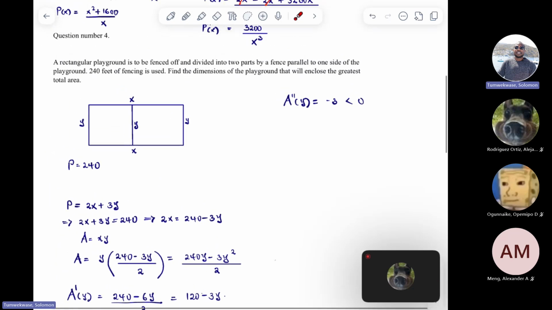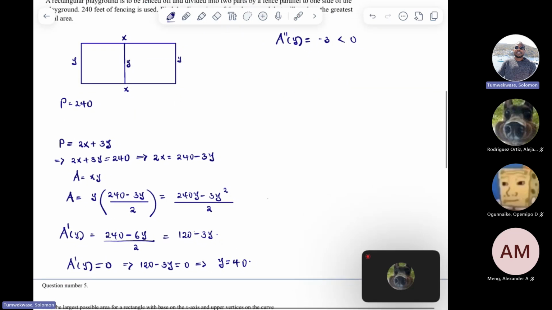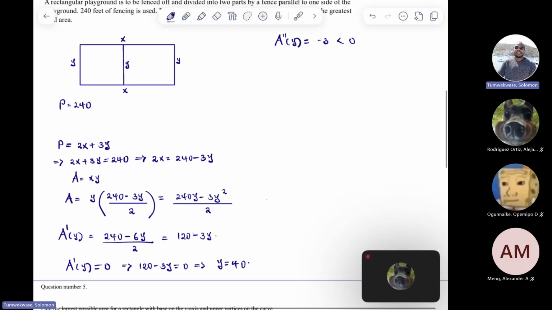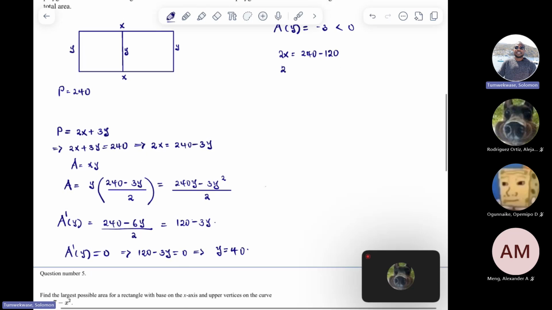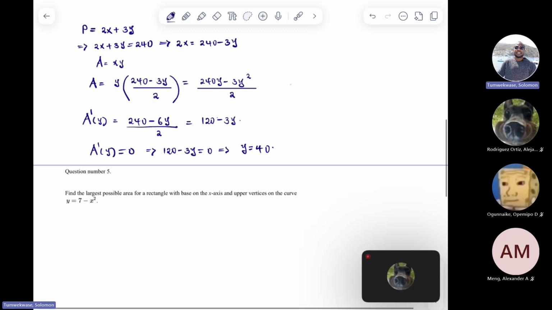Okay, so that is the value of y, and we can find the value of x so easily. We have that 2x is equal to 240 minus 3y, which is 3 times 40, which is 120. So 2x is equal to 120, and therefore x is equal to 60.